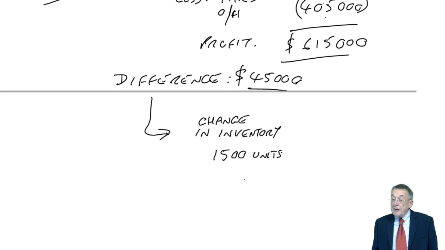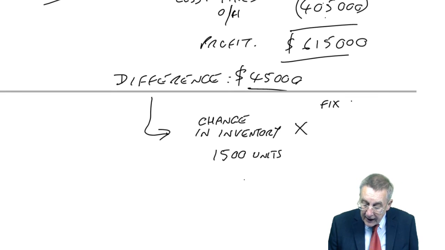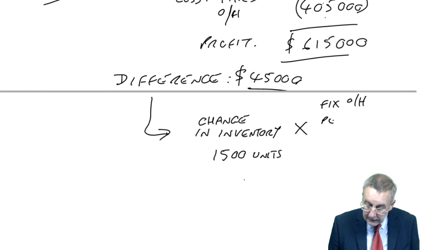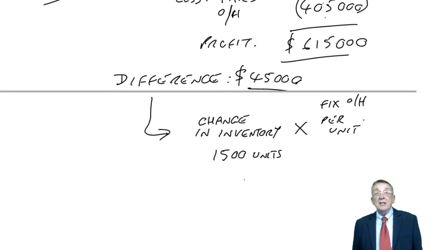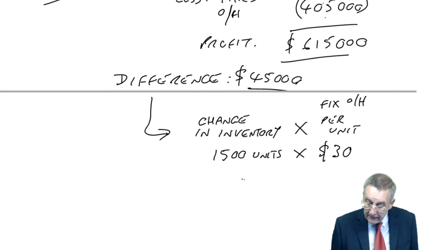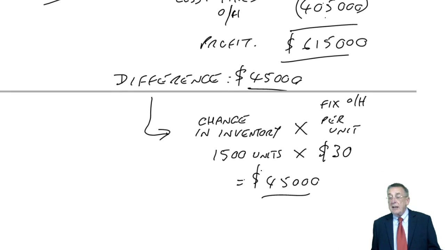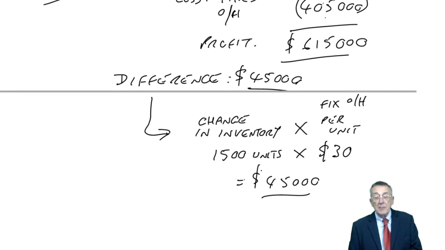Well, the difference in profit will be the change in inventory times the fixed overheads per unit. And the fixed overheads per unit here have been absorbed at $30. And of course, 45,000. So please don't misunderstand anything I've done. If you only want the difference, you certainly haven't time to go through everything I did at the beginning. You can write it straight down. It's 45,000.